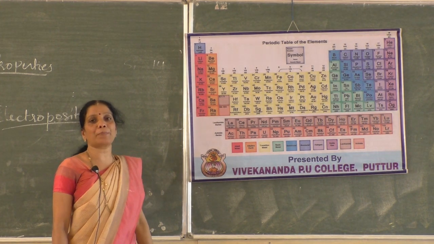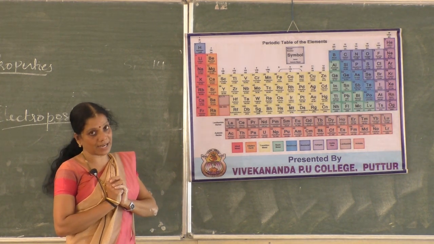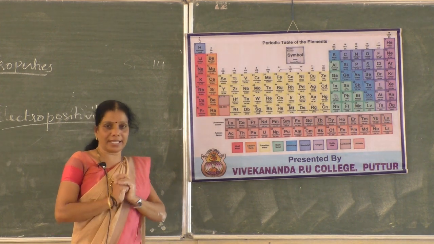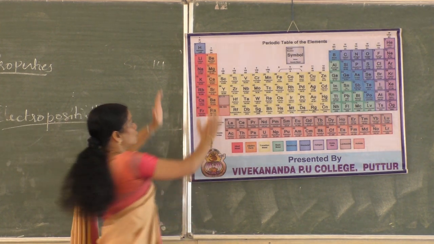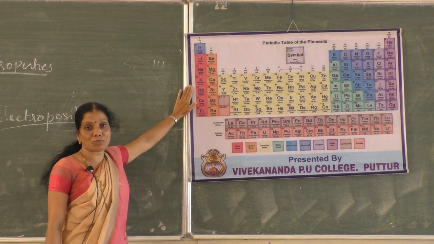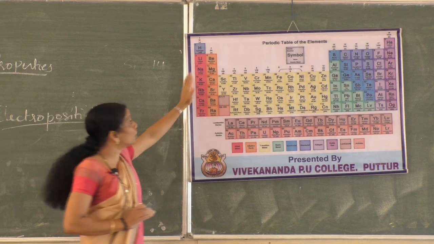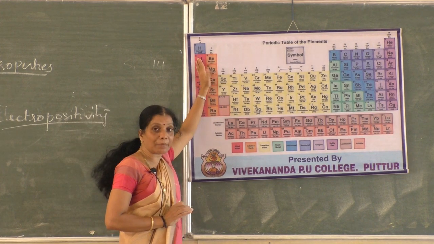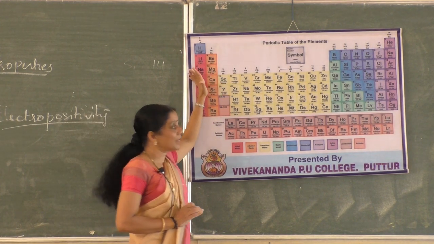Now why does this metallic property go on decreasing? Before studying the reason, let us look at the table. To the left side of the modern periodic table, what can we always observe? Metals.